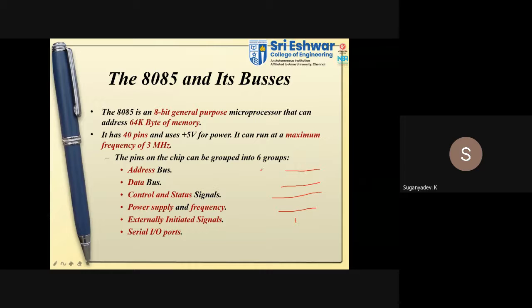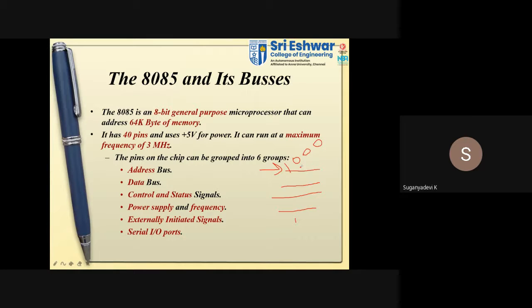Your program counter first points to the initial address. Say this is 1000. The initial address will be 1000. After executing this particular instruction, it moves to the next one.